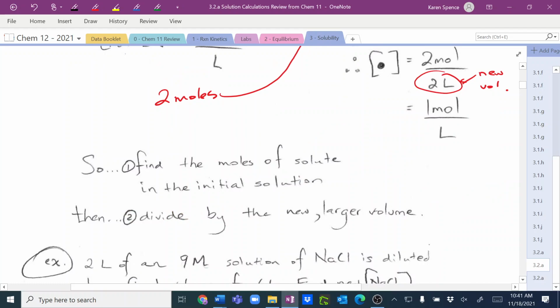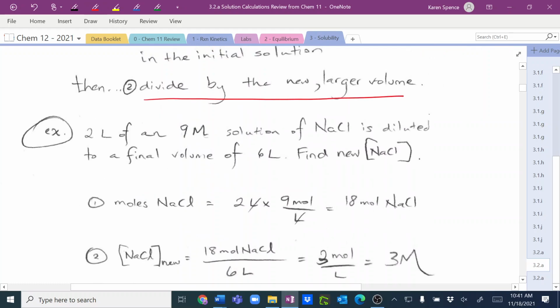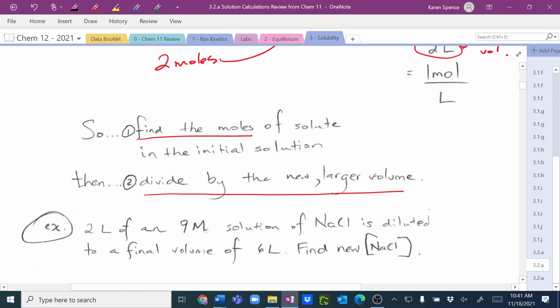So we have a little example here. Find the moles, divide by the new larger volume. And in fact, I'm just going to put that down there and solve it over there. If we have 2 liters, and I'd like to draw your attention to the word "of," because "of" has a mathematical meaning.